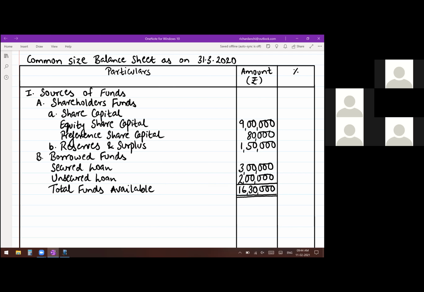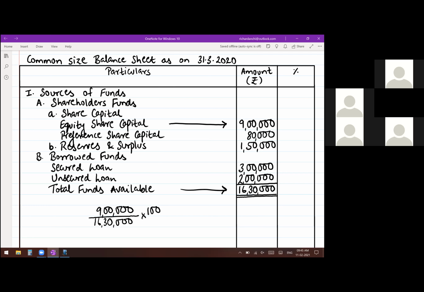Okay. What we will do is calculate percentages now for each of these items of the sources of fund side. So all of them are going to have a percentage, starting with the first item, and that is equity share capital. How much percentage of your total funds has come from equity share capital? If you want to find out, you have to take equity share capital, that is 9 lakhs, divide by your total funds available, 16,30,000, into 100.